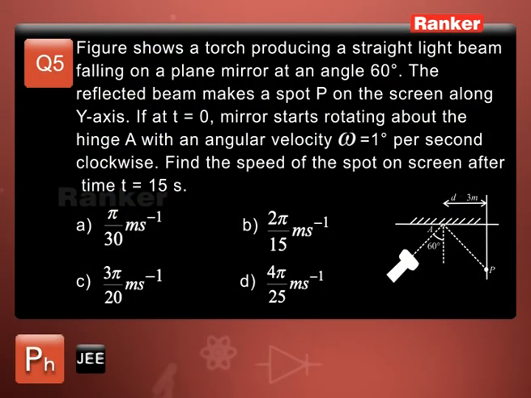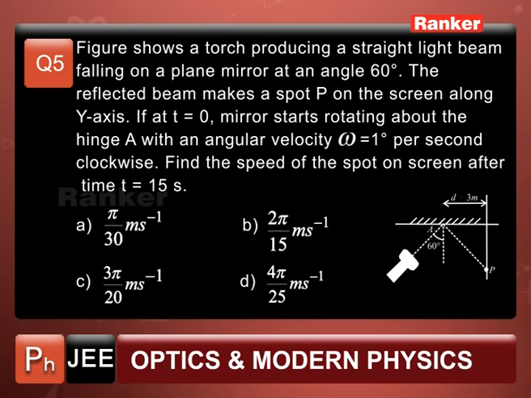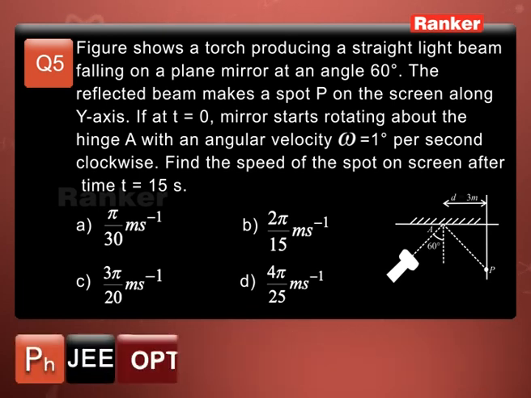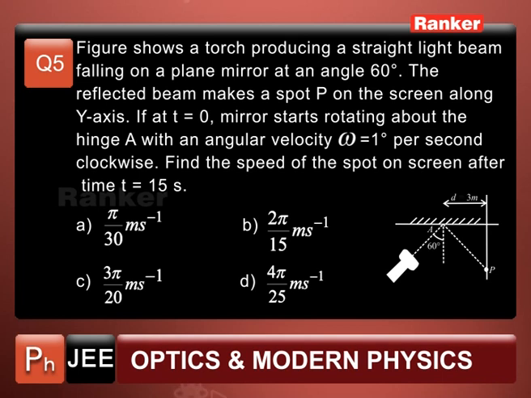Now the figure shows a torch producing a straight light beam falling on a plane mirror at an angle of 60 degrees. The reflected beam makes a spot P on the screen along the y axis. If at t equals 0 the mirror starts rotating, that means this mirror starts rotating about the hinge A, with an angular velocity omega equal to 1 degree per second clockwise.